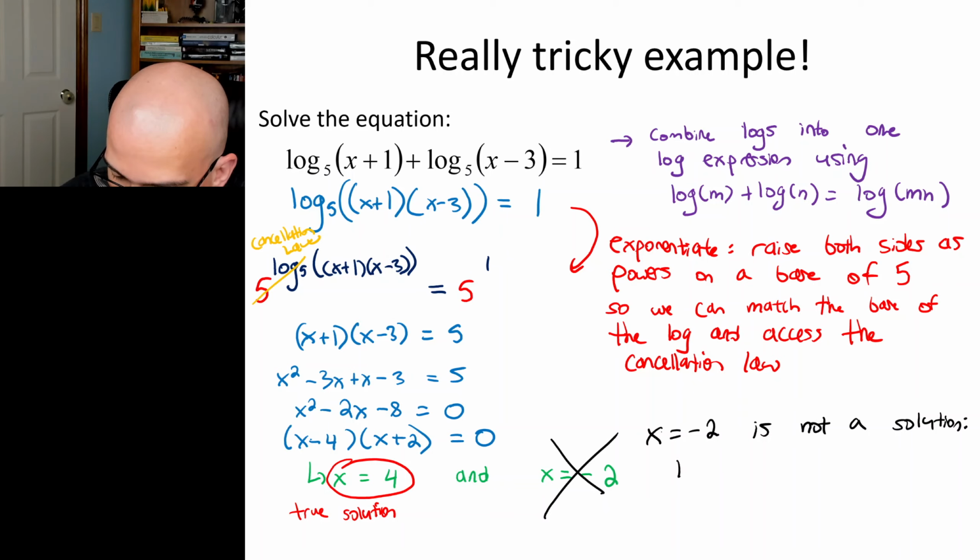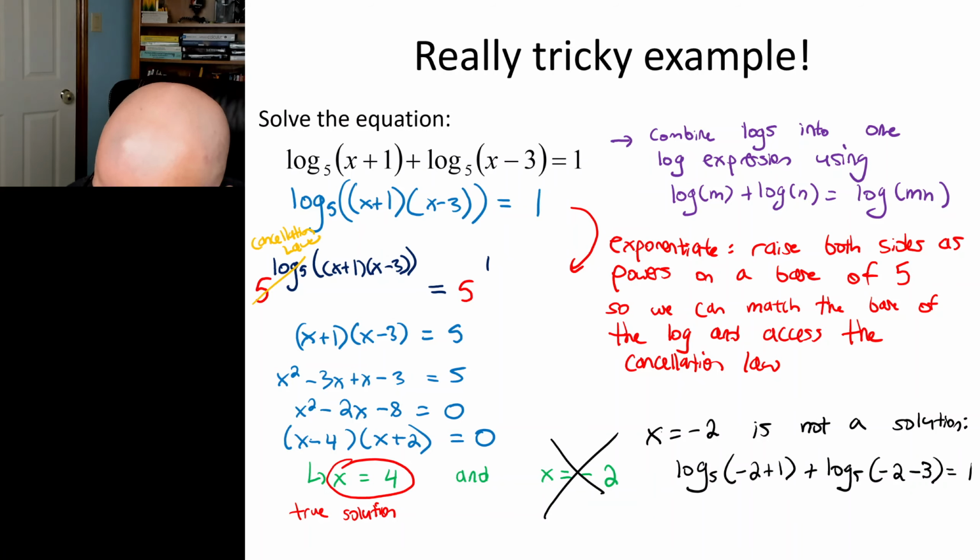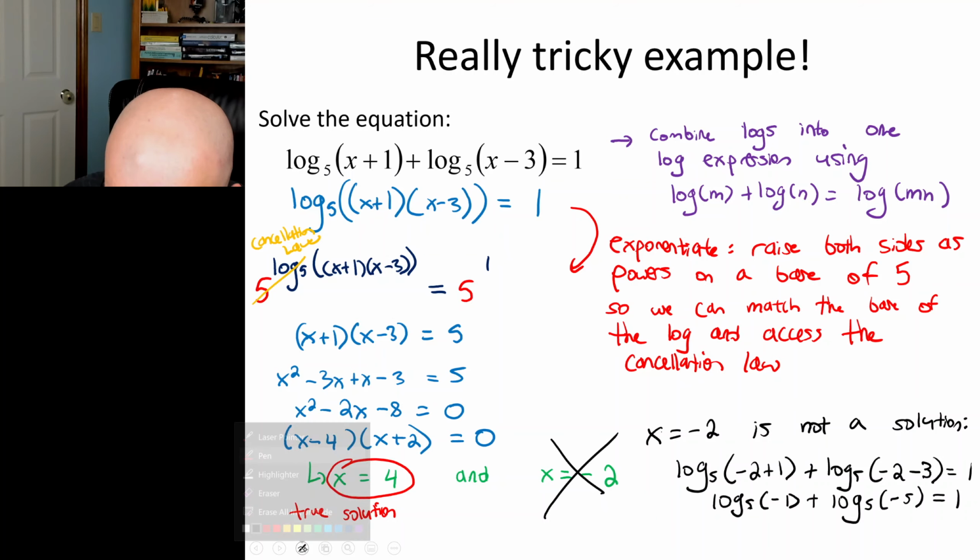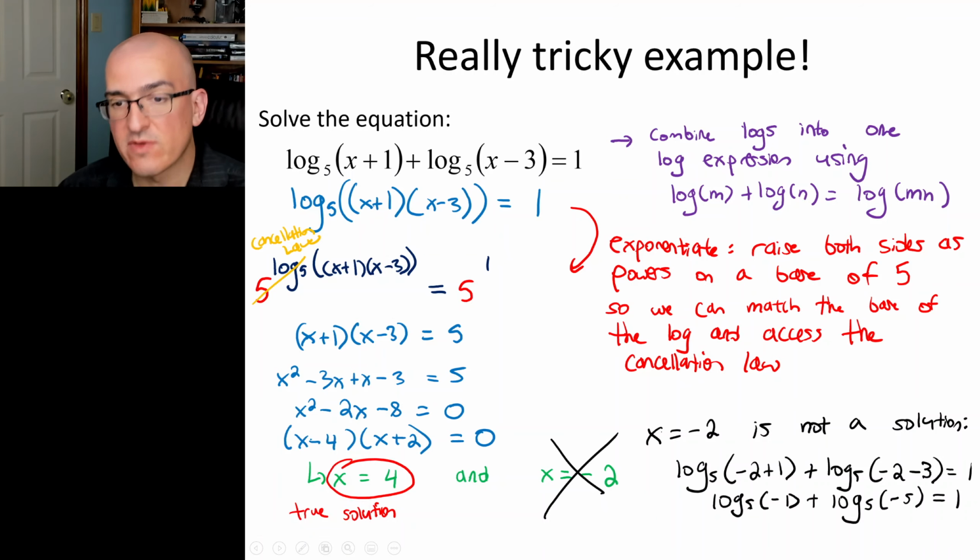If you plug it in, you get log base 5 of -2 plus 1 plus log base 5 of -2 minus 3 is equal to 1. So log base 5 of -1 plus log base 5 of -5 is equal to 1. And you cannot take the log of a negative number. We violated the domain of the log function.